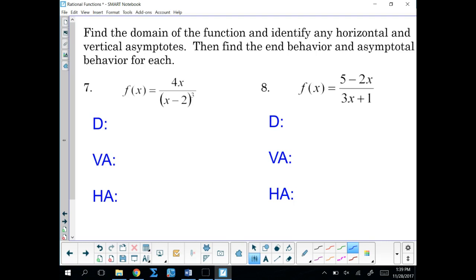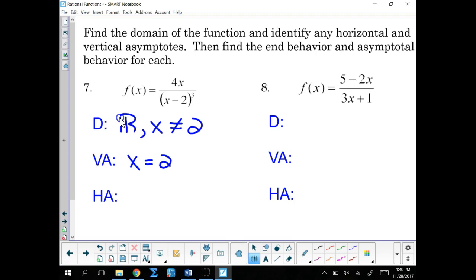So my domain here is all real numbers, but x can't equal 2. Which means my vertical asymptote is x equals 2.